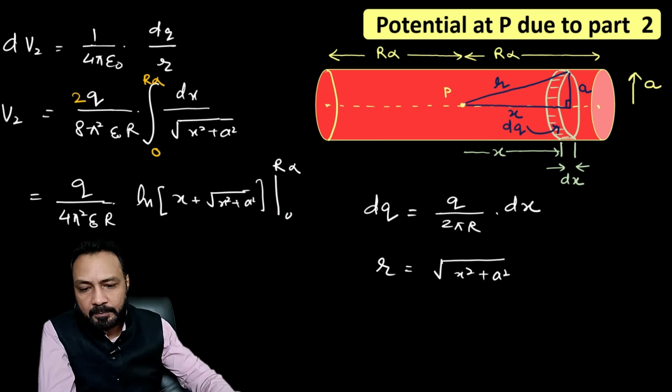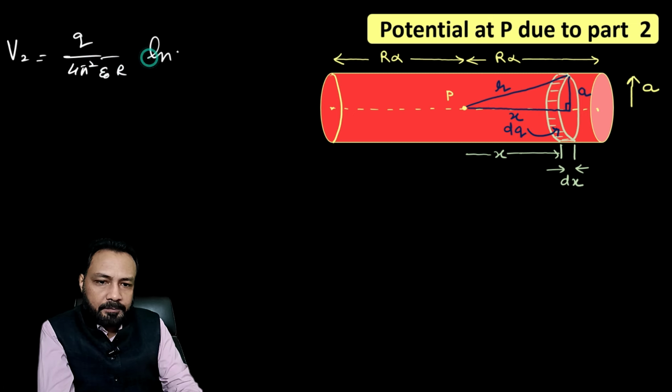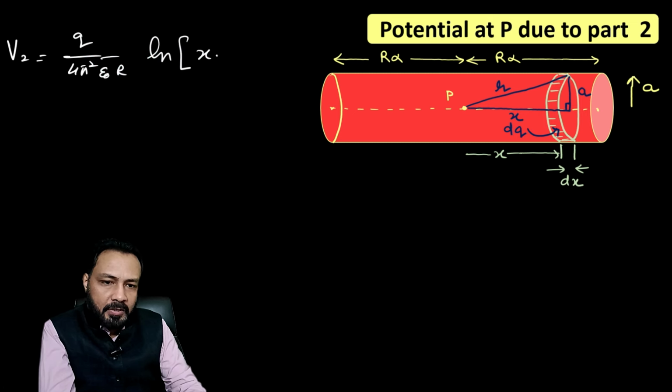Go to the next page. So V2 is equal to q divided by 4 pi square epsilon naught r ln of x plus square root of x square plus a square, and this x goes from 0 to r alpha.